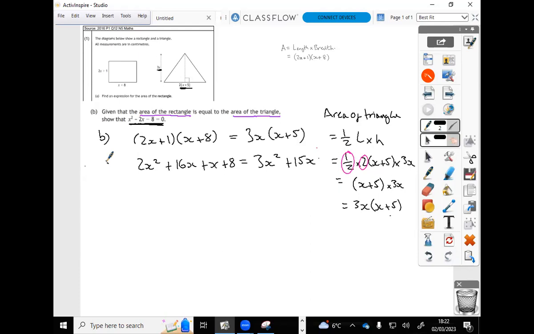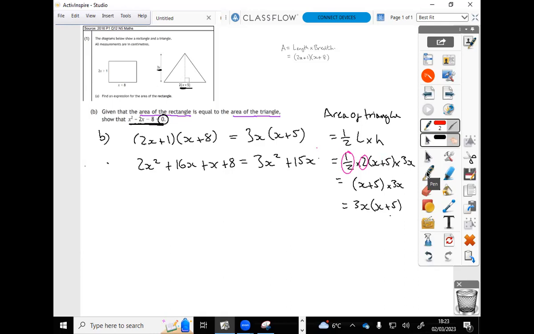Now we need to collect like terms. We want to equate the right-hand side of the expression to 0, and we want to be left with a positive x squared term. So we want to leave one of the sides equal to 0.